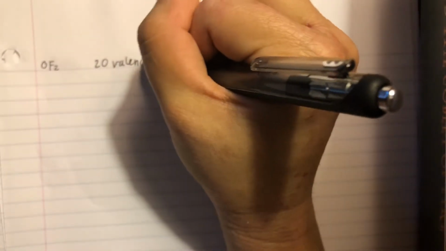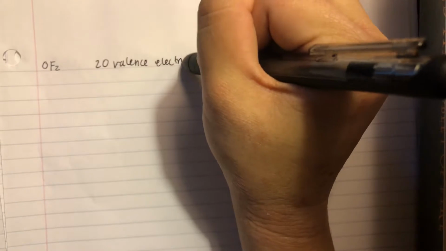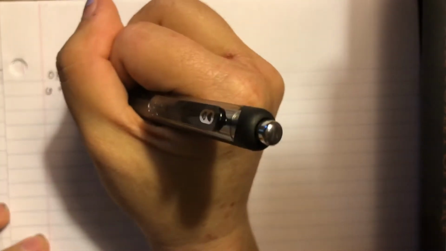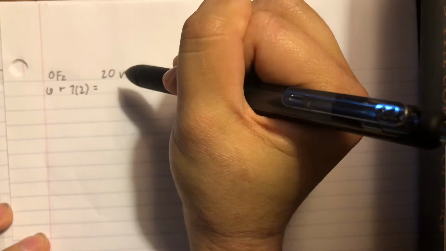Next, we have OF2, and OF2 is going to have 20 valence electrons, because it is 6 plus 7 times 2, which is 20.